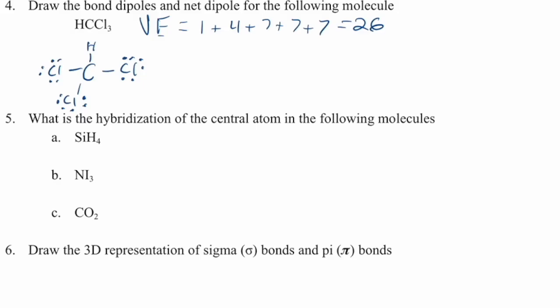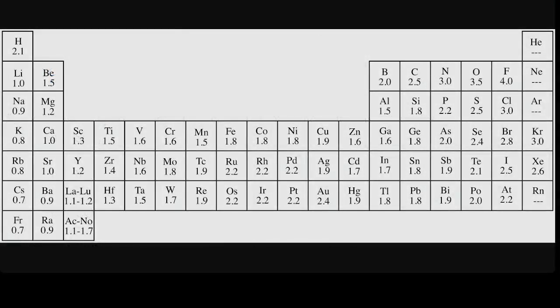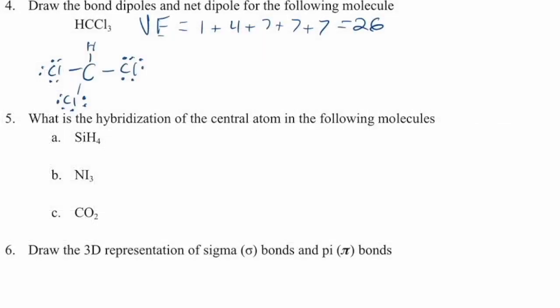And we can go to our electronegativity chart and see that carbon is 2.5, chlorine at 3.0 does give us what we need, a 0.5 difference, to essentially expect for there to be a bond dipole.